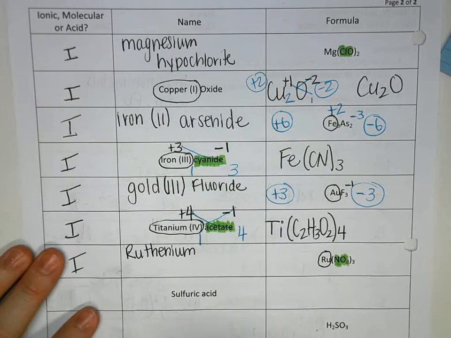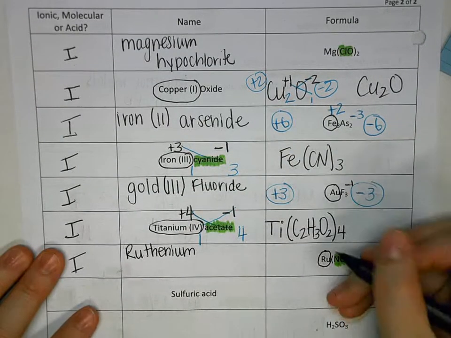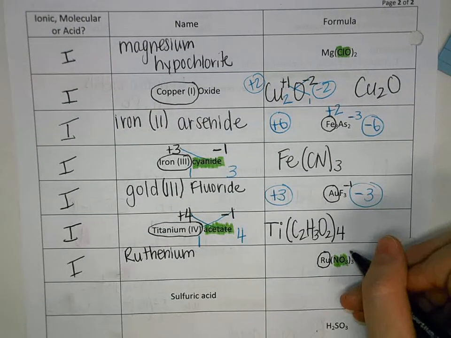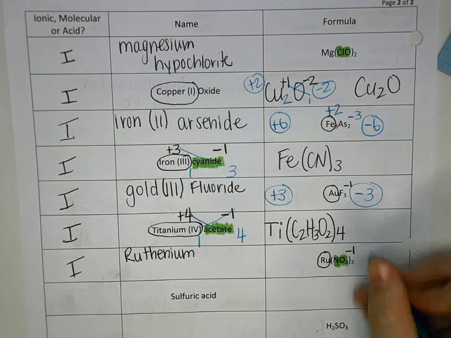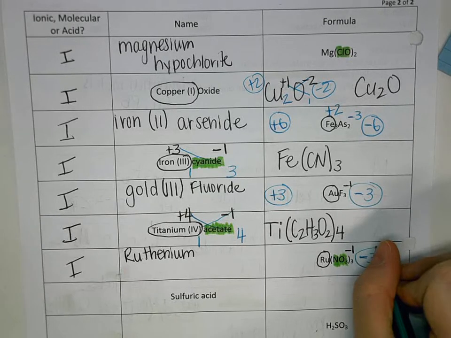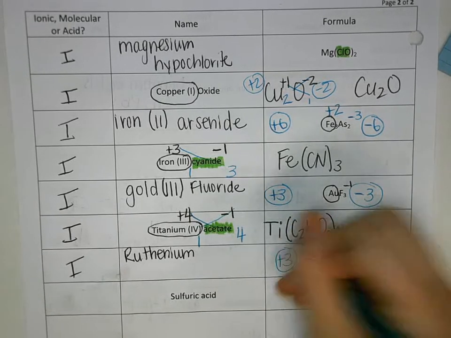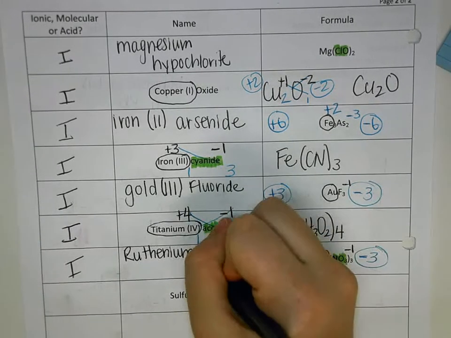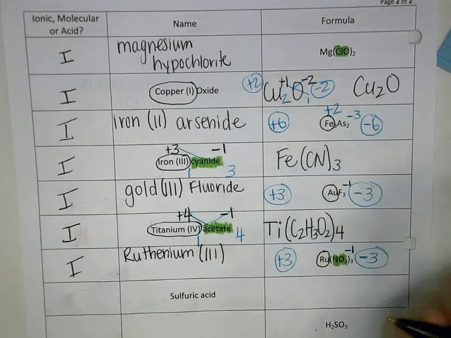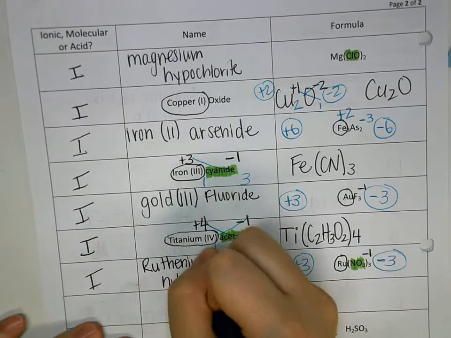And now I got to figure out the charge. So the charge on nitrate is going to be -1, but there's 3 of them. So the total negative charge is -3. So my positive charge must be +3, and there's only one Ru, so the charge on that is 3. So ruthenium-3 and NO3 is nitrate.